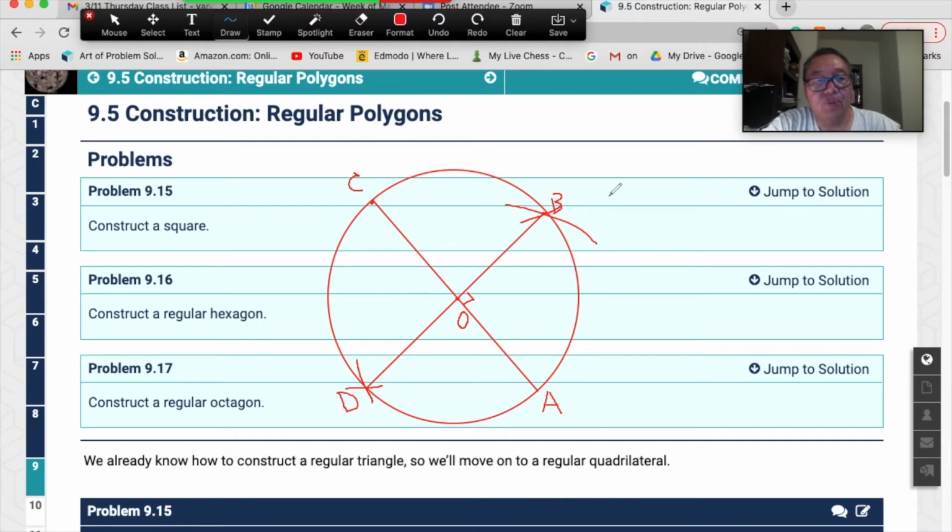You connect these 2 points, maybe not exactly intersecting on the circle, but when you extend this line segment it intersects this circle at B and D. Then you connect A, B, B, C, and C, D, and A, D. Now this ABCD will be a square, right?